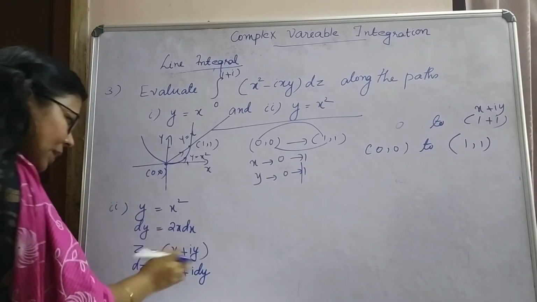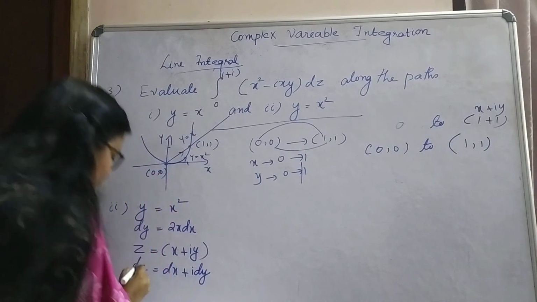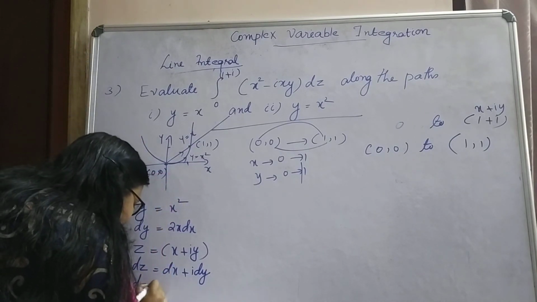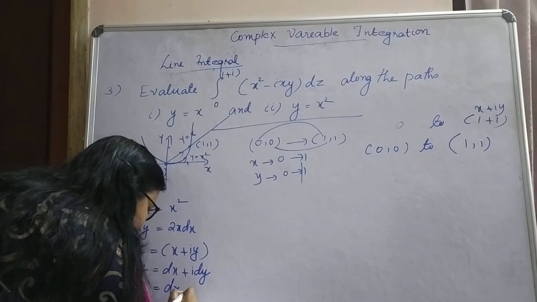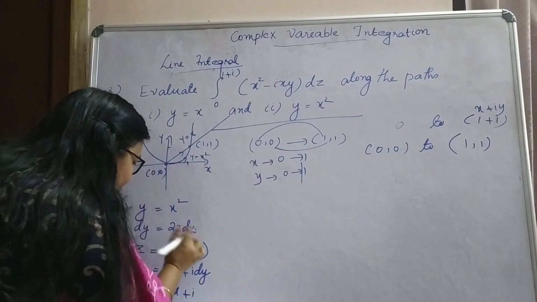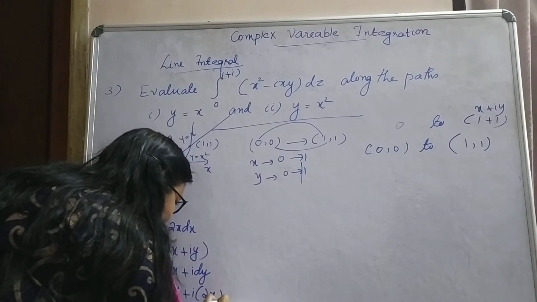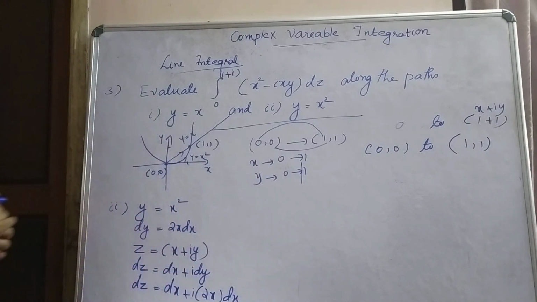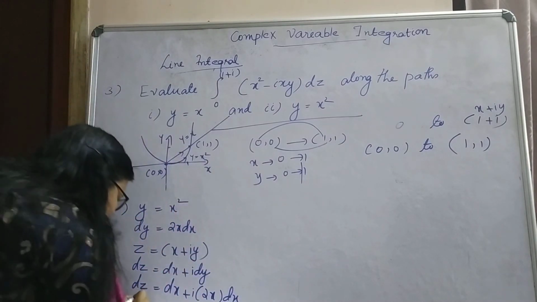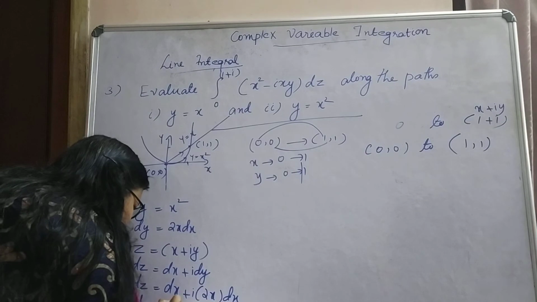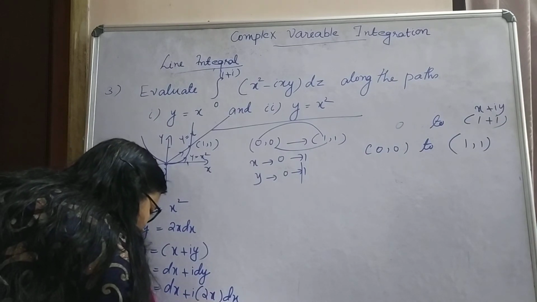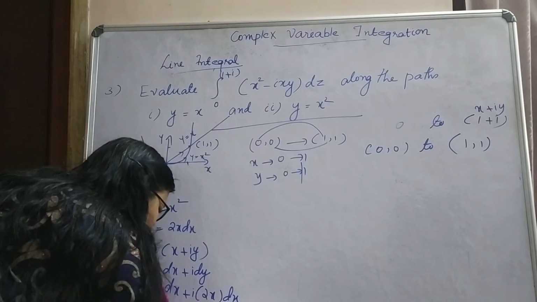By converting it into x only, dx plus i into dy, where dy is 2x dx. Taking this dx outside, dz equal to 1 plus 2ix into dx.